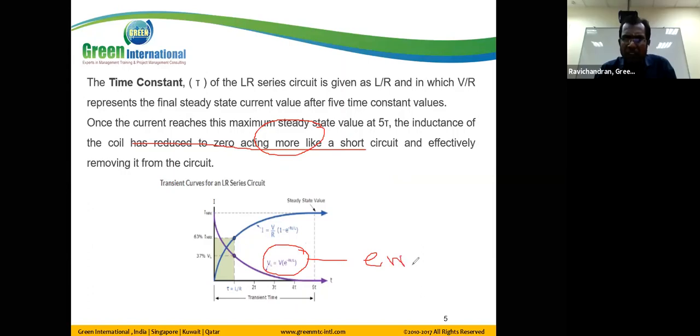EMF formula is the current formula. At t is equal to 0, the current is maximum. Sorry, voltage is maximum, because draw the graph like this.